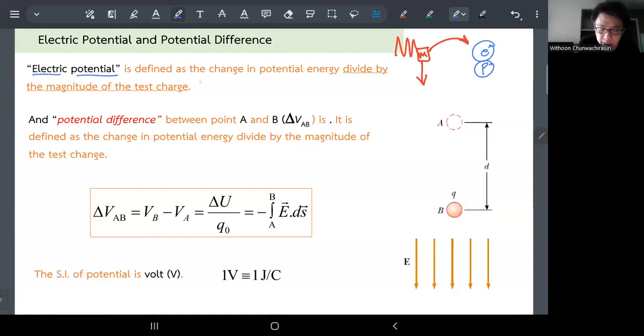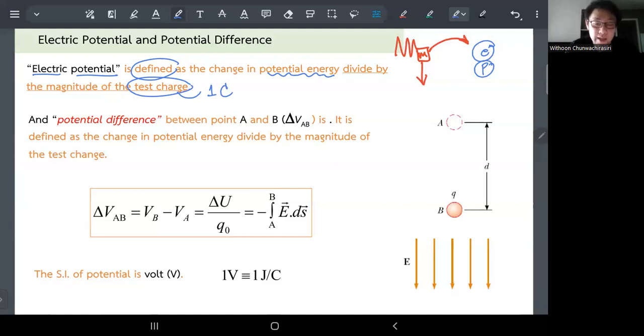Electric potential is defined as the potential energy, that's what we had, divided by the magnitude of the test charge. As we already discussed with the field and the force, whenever they talk about the test charge, think of it as 1 Coulomb. Just make it disappear. What happened with a 1 Coulomb charge? That's my test charge.